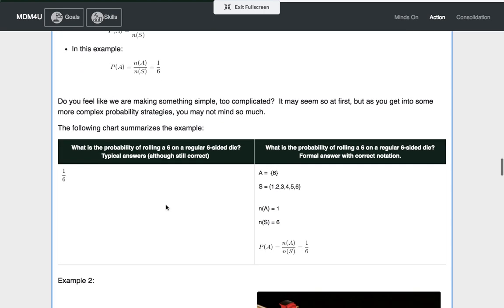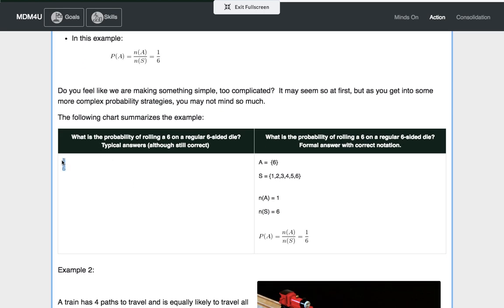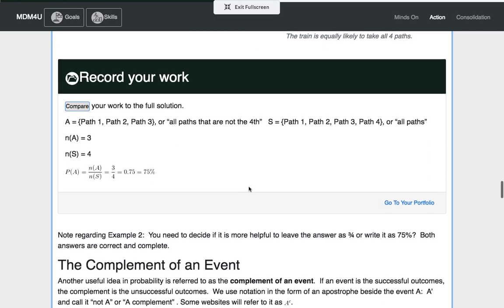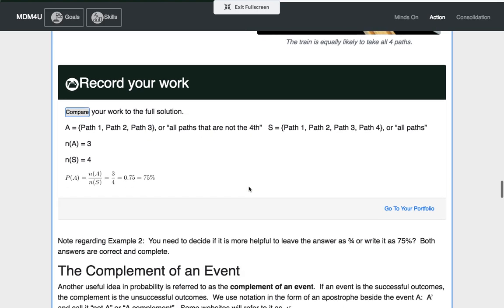So we used to be able to just put 1 out of 6, but now we're working towards writing it like this in the drop box, where we write what we want, the number of ways we can get the one that we want, and the number of possible solutions, and we finish off by writing it as such. That's an example you can go through on your own.